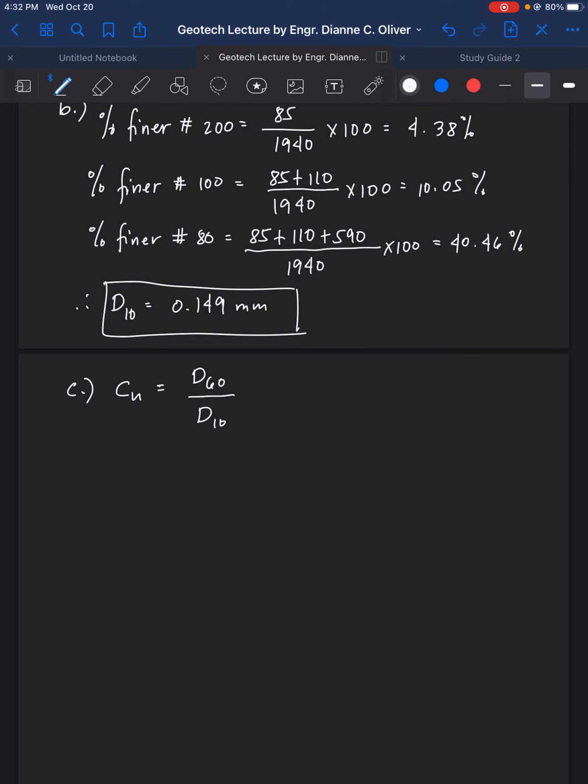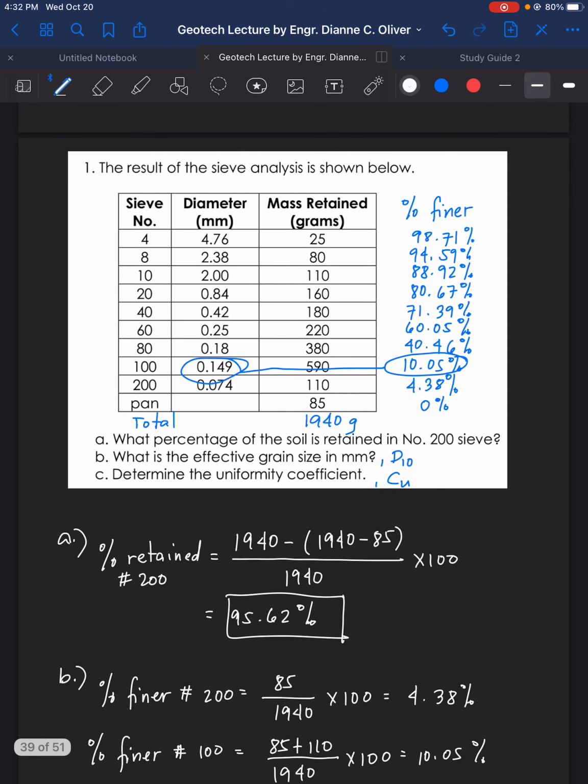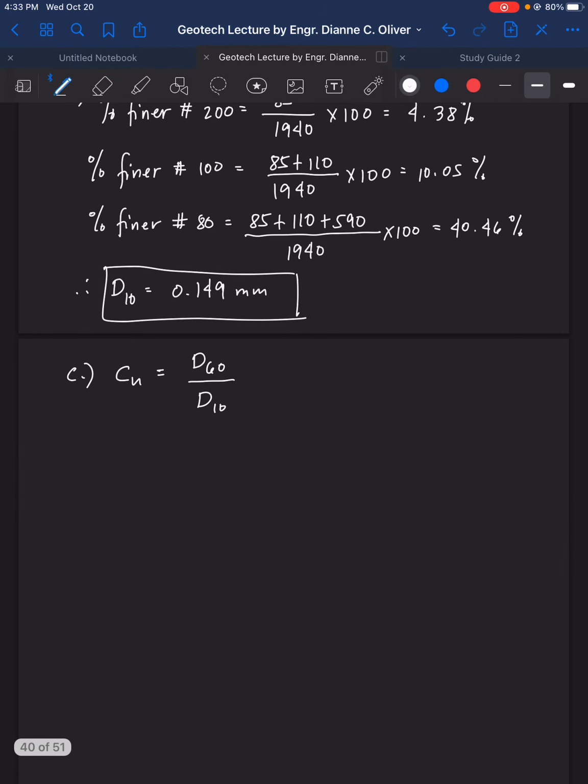We were able to locate D10. How about D60? From the graph, there is a percentage here that is near D60, and that is this portion here. D60 has a diameter of 0.25 mm.